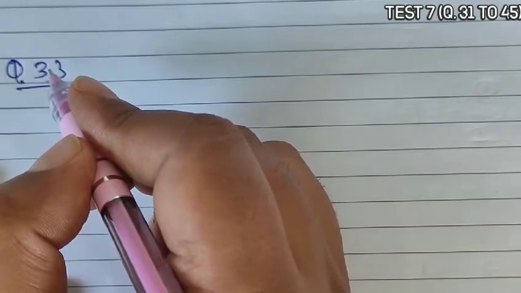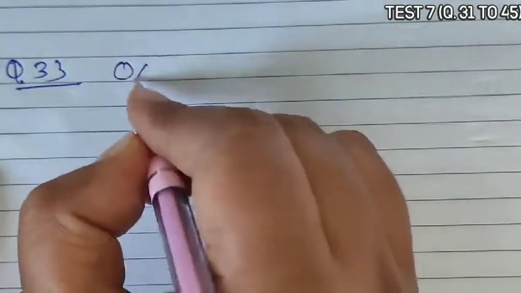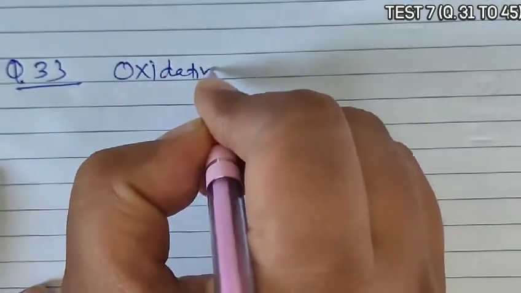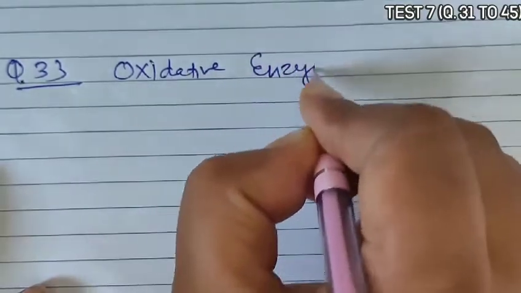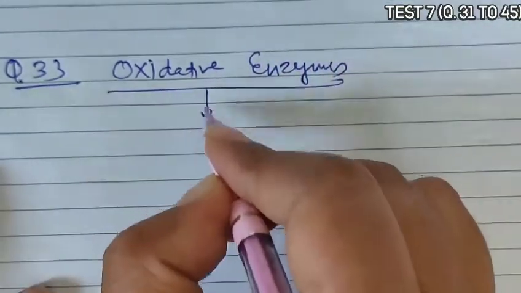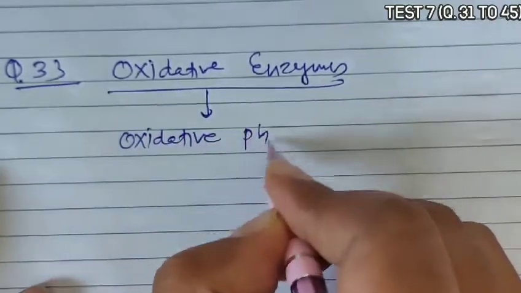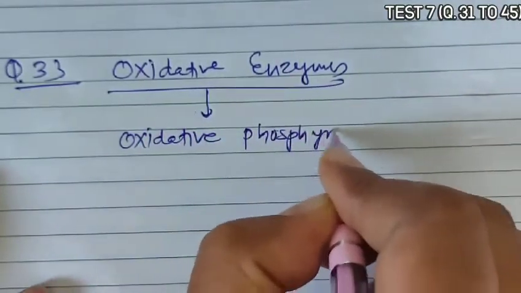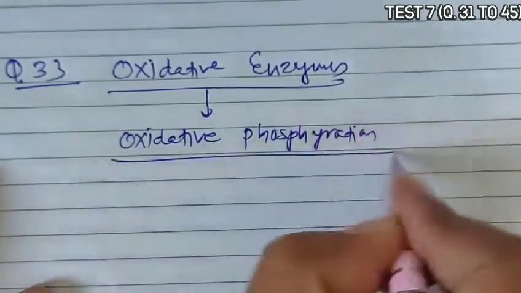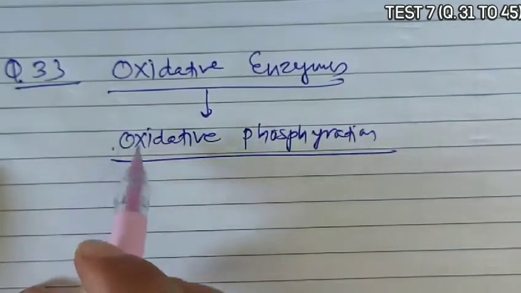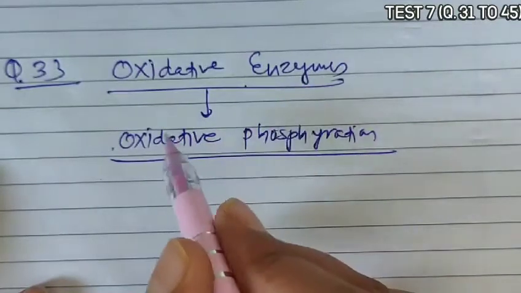Next is question 33. It asks that oxidative enzymes occur mostly in. Now oxidative enzymes are those enzymes which are involved in oxidative phosphorylation. And for oxidative phosphorylation, these oxidative enzymes are involved in Krebs cycle and glycolysis.